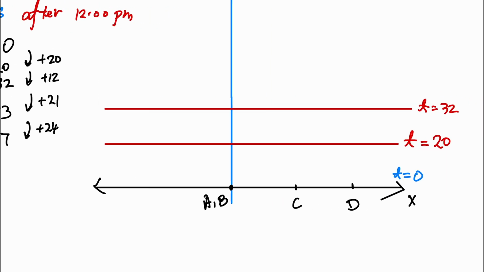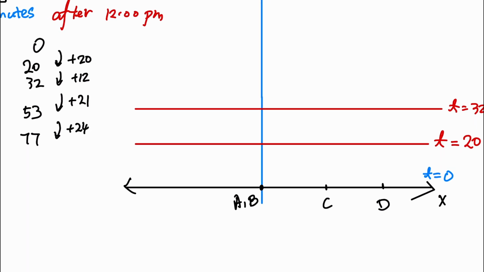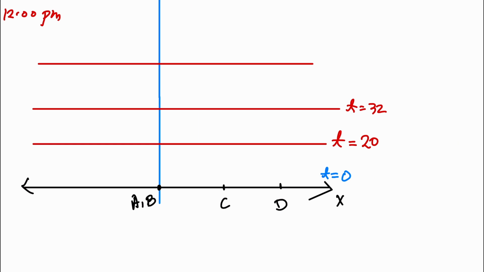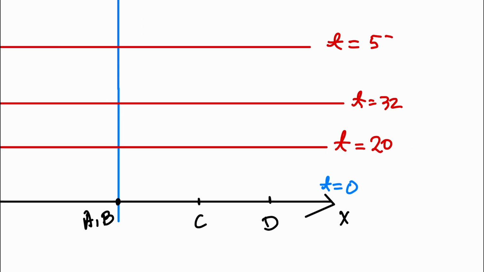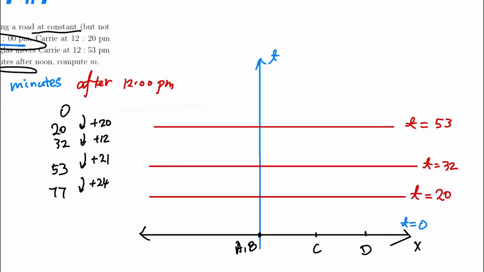And we have t equal to 53, which is 21 minutes later. So it's something like this gap. Let's take a look. So that will be somewhere here. I will try to draw it as accurately as possible, but that is inevitably not going to be accurate. Oh, actually, that is t equal to 53. My bad. And the last one is t equal to 77, which is this.